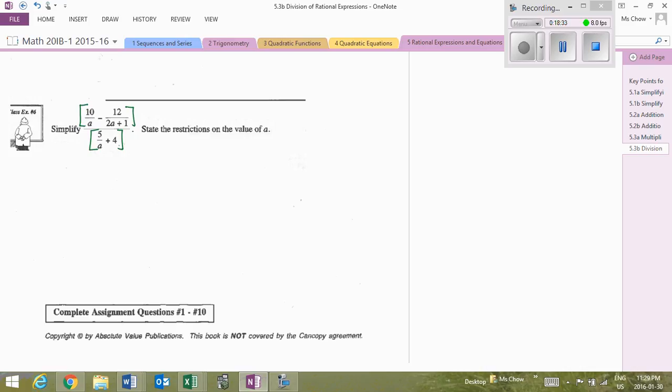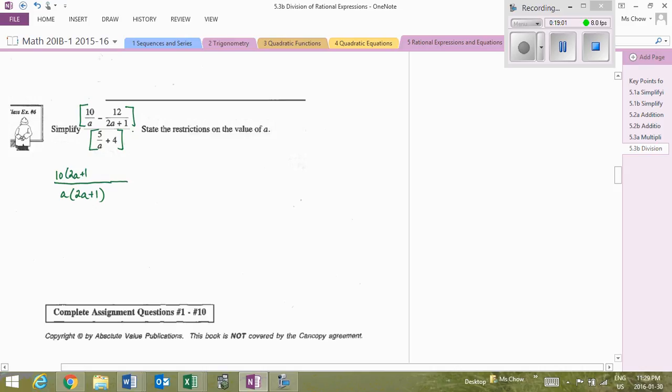So for that numerator, we need a common denominator, and what is our common denominator? It's going to be a times 2a plus 1. So we've got a common denominator of a times 2a plus 1, and so the 10 has to be multiplied by the 2a plus 1.